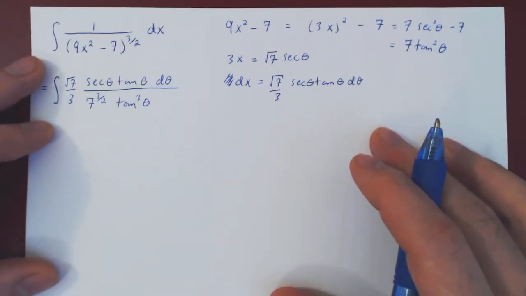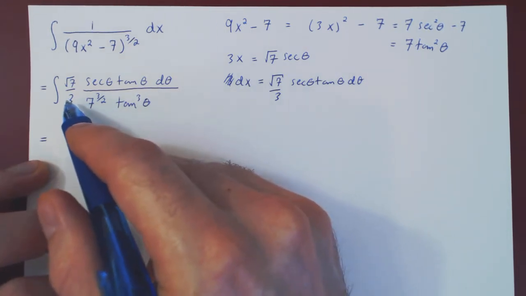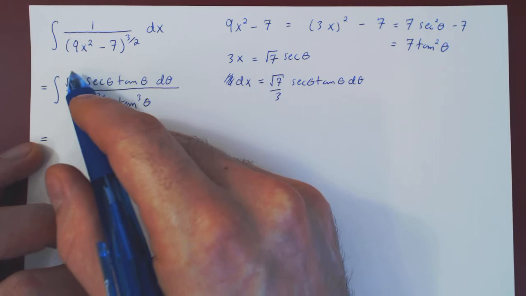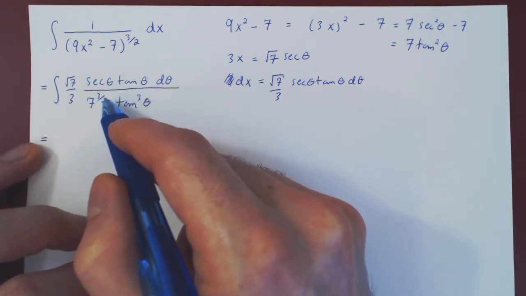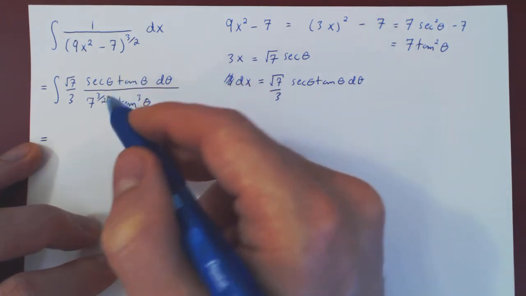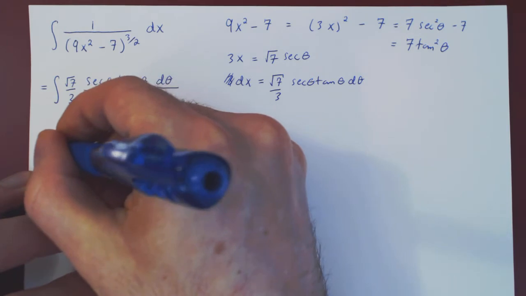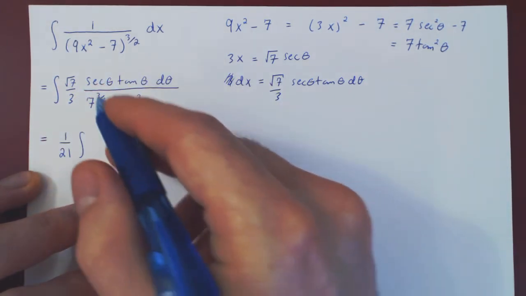Now we can simplify. Now, if you cancel the root of 7 from both terms, this is subtracting 1/2, and 3/2 minus 1/2 is 2 over 2, which is 1. That leaves you with a 1 over 7 times a 1 over 3 is 1 over 21. We can also simplify a little bit.